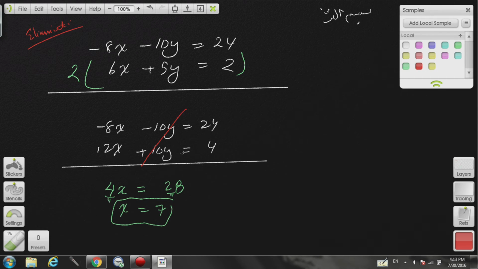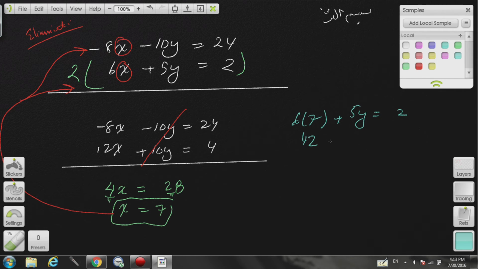Now you can substitute that back in either one. Does it matter? No, it doesn't matter. But we'll use the second equation because it looks easier, right? So 6 times 7 plus 5y equals 2. 42 plus 5y equals 2.